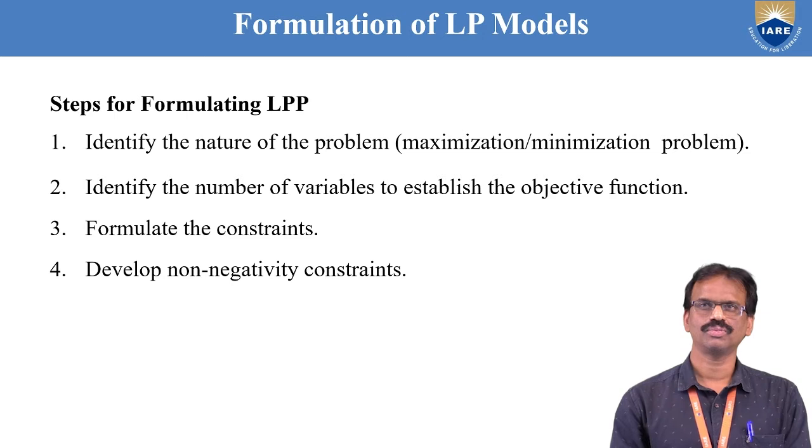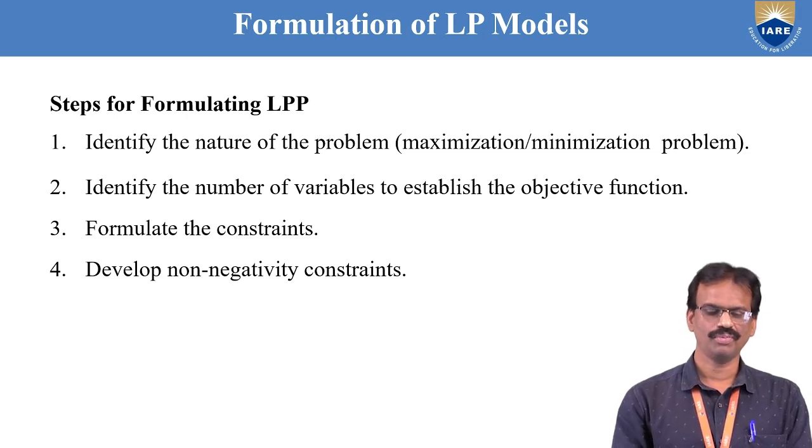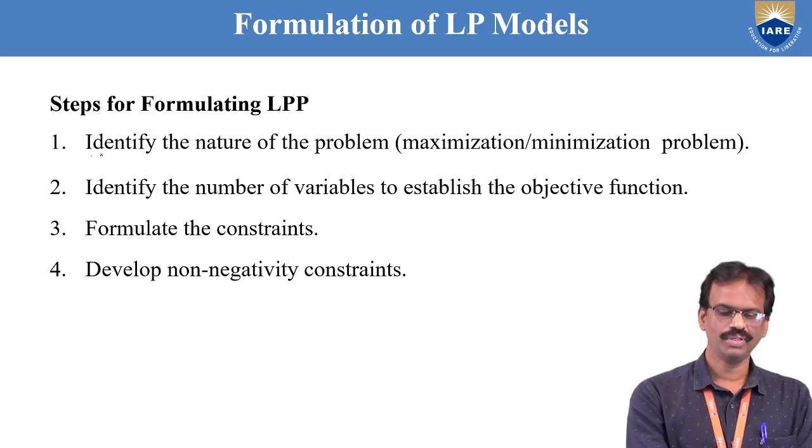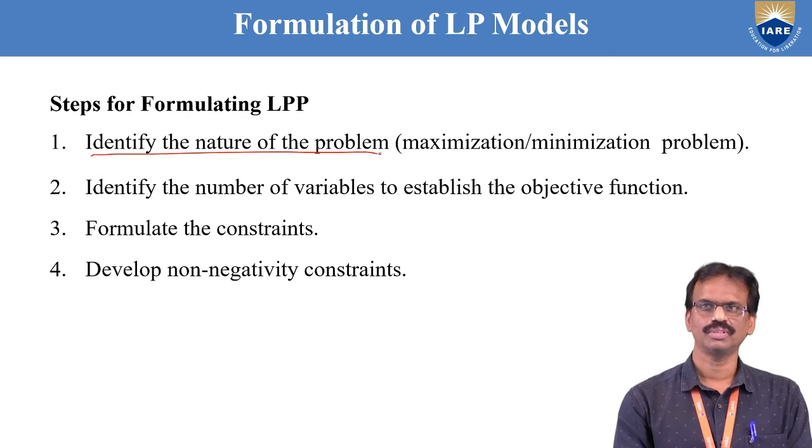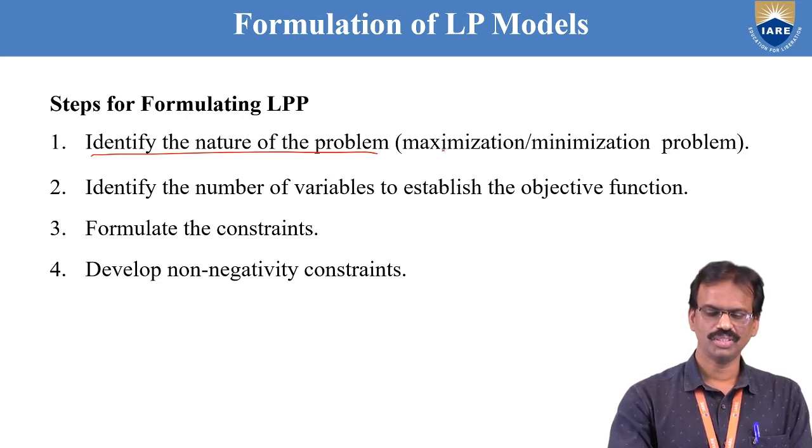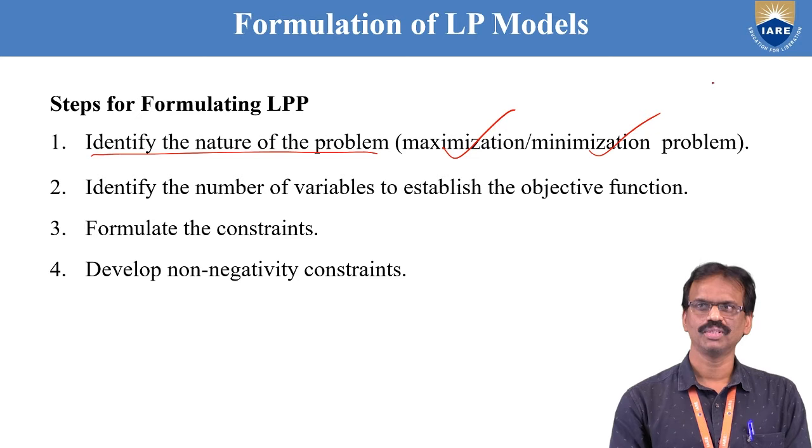Main steps to formulate the LPP. First of all, identify the nature of the problem, whether it is maximization or minimization. Profit-wise, that is maximization; cost-wise, that is a minimization problem.